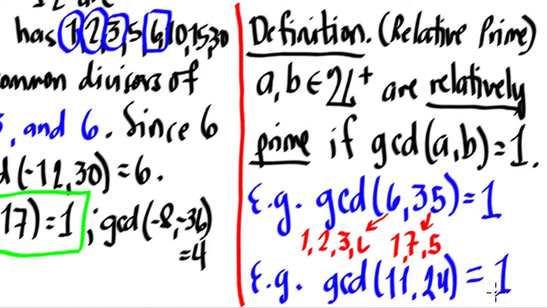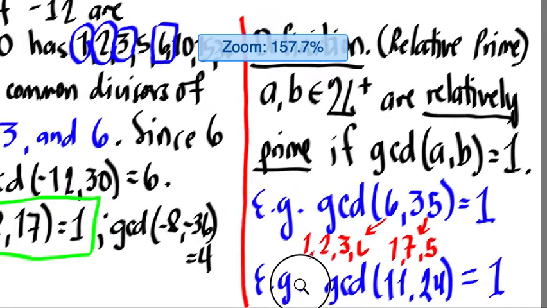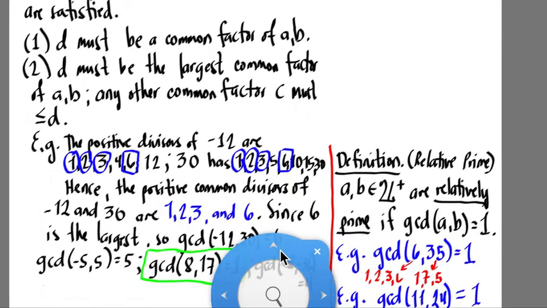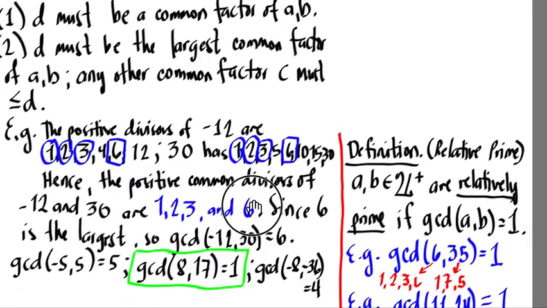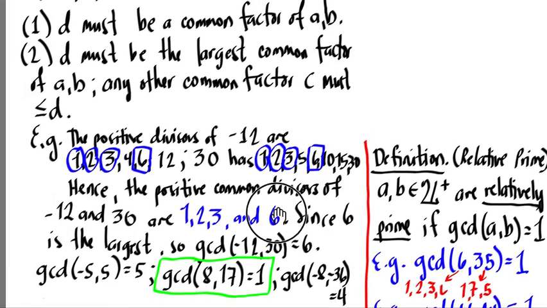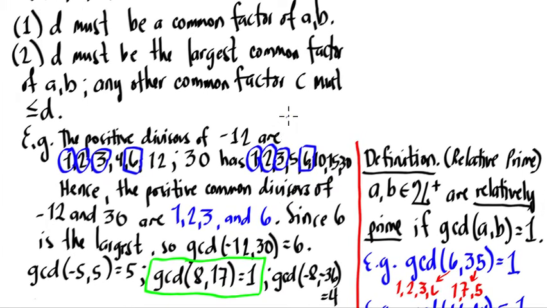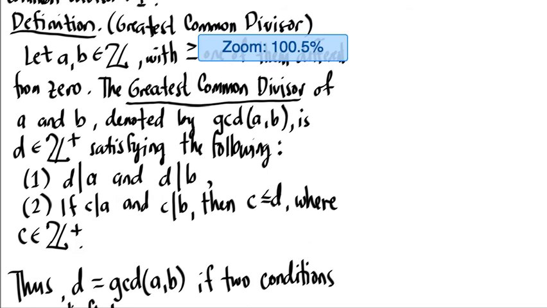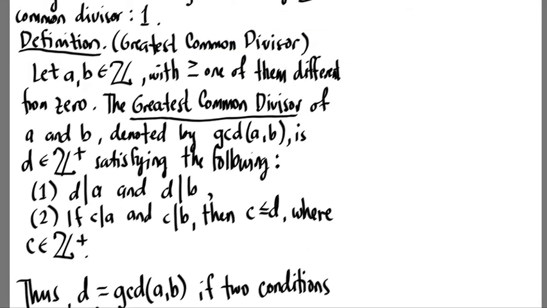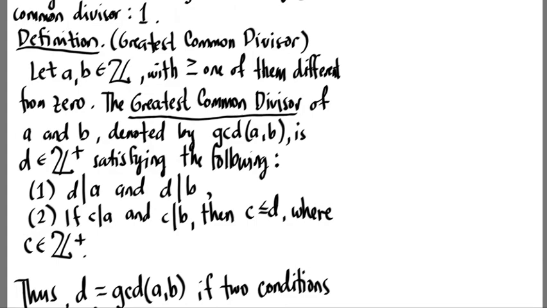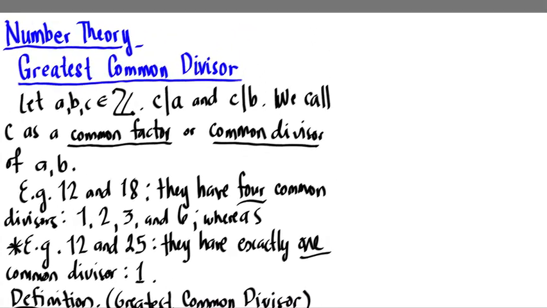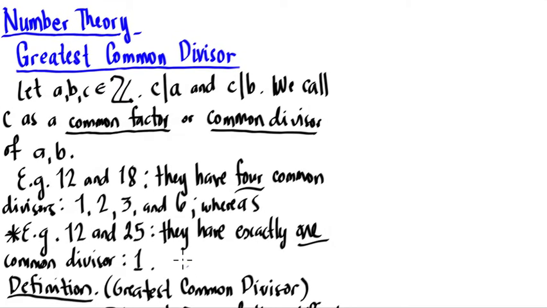Okay, so I think that's enough for this video right now. We have talked about quite a lot. Let's zoom out to see how much we have talked about already. We started off with this title, the greatest common divisor.